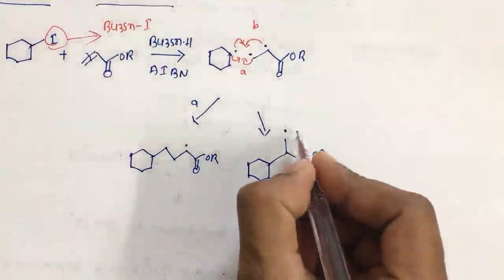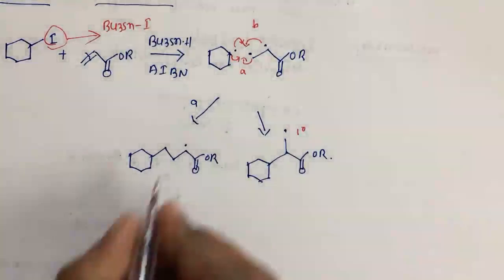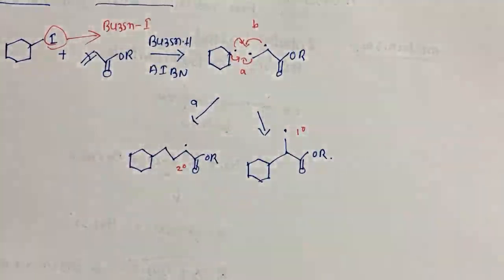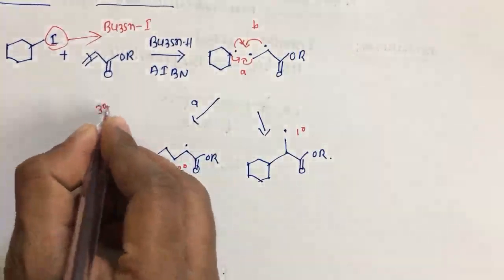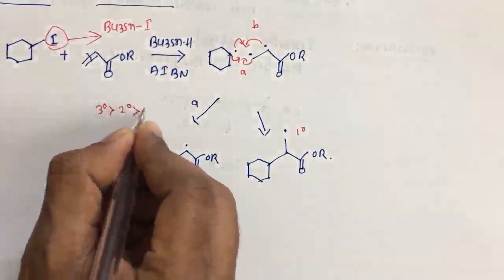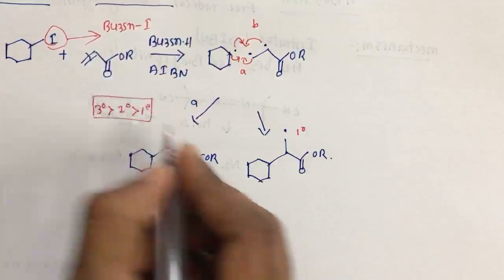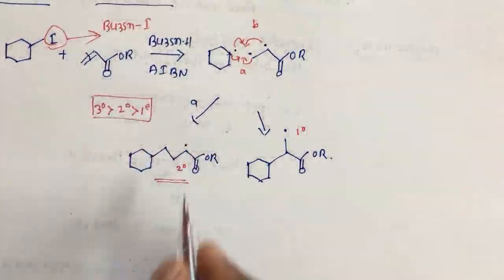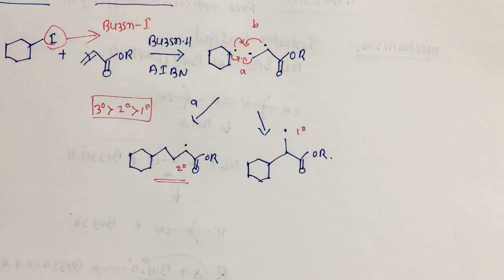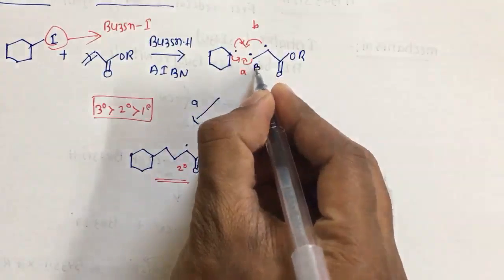Here this free radical is a primary free radical, here it is a secondary free radical, and we know the stability of free radicals: tertiary is more stable than secondary, than primary. So in this step we are generating the more stable free radical. Because of that, beta attack takes place.